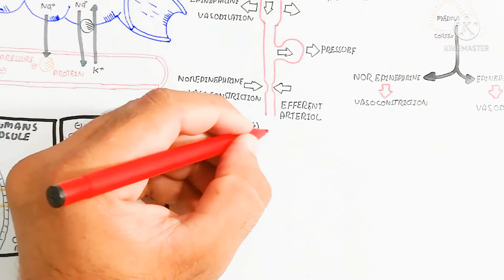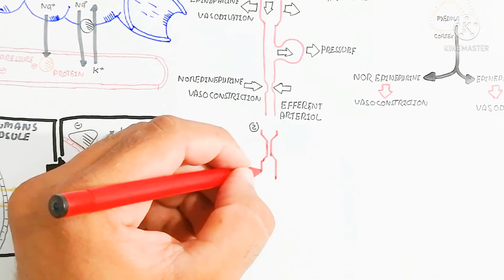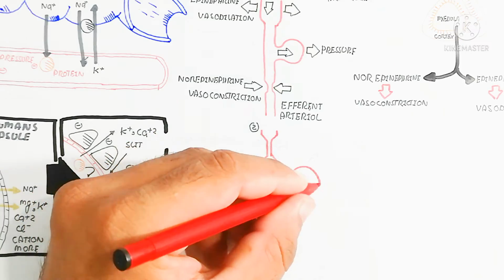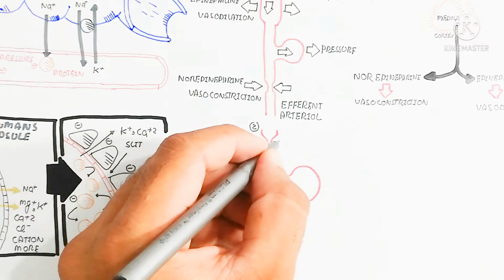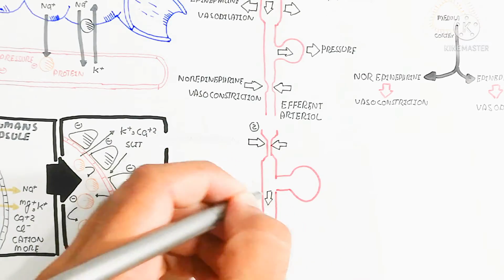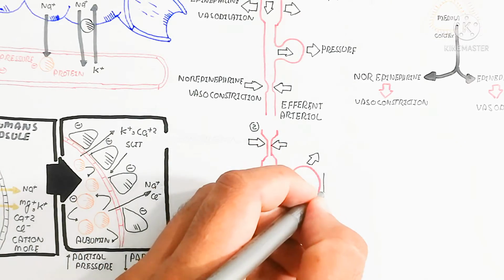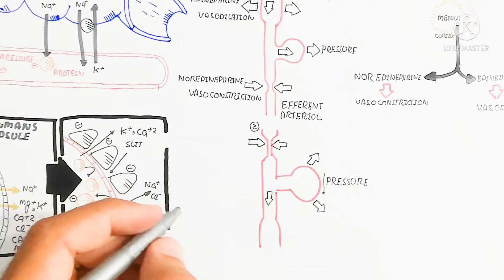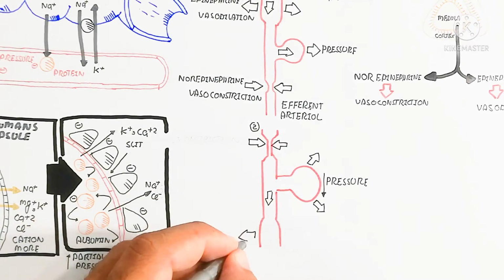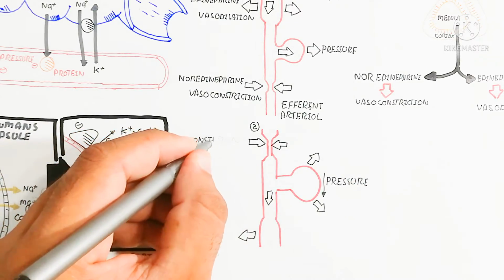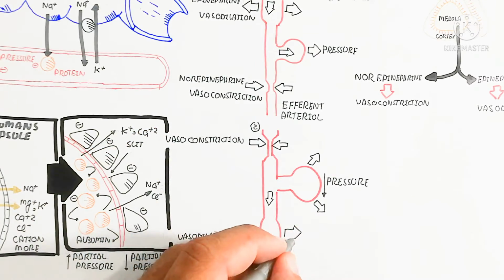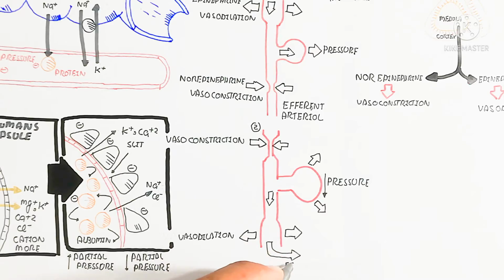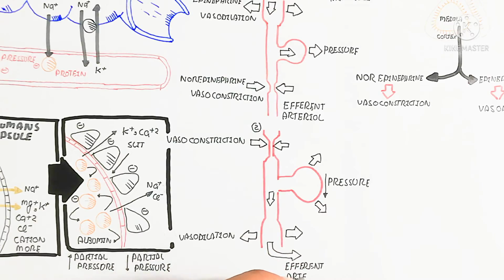Here again I am drawing a diagram to understand the vasoconstriction of the efferent arteriole, which constricts, and the blood pressure will be increased in the glomerulus, and that is why the blood will move toward the efferent arteriole. After the movement through the efferent arteriole, there is vasodilation of the efferent arteriole. So the flow will be delayed, and reabsorption will occur through the vasa recta.